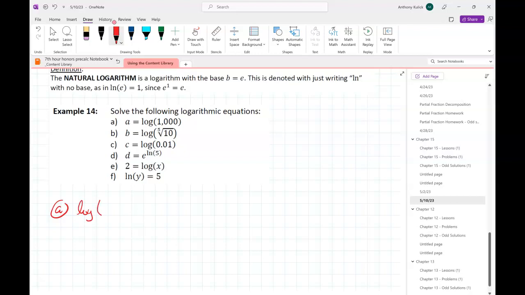So you should think about that as log, and then 1,000 is 10 to the third. So log base 10 cancels with exponent base 10, and we're just left with 3. Okay. How about B? Good. 1/5. Because the fifth root of 10 is just exponent 1/5.